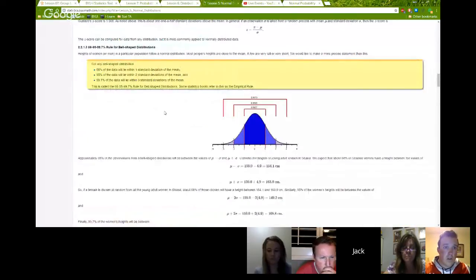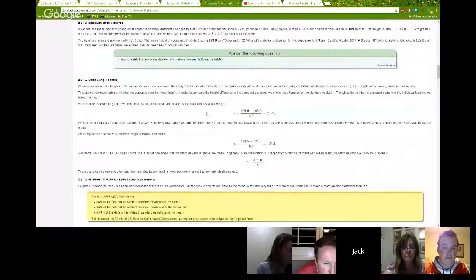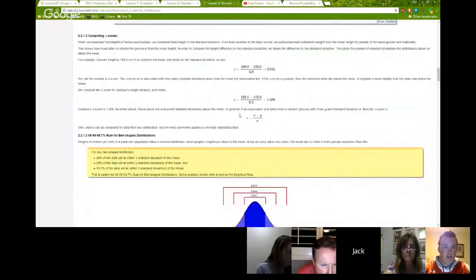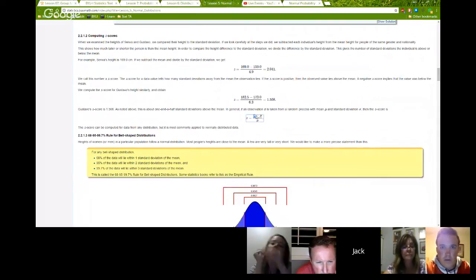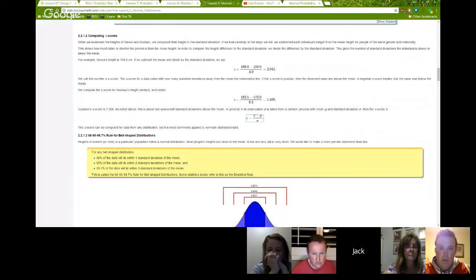Yes. So the formula that we first learned about z-score is this one, right? Z equals x minus mu over sigma. So in English, z-score is equal to whatever number x we get minus the mean divided by the standard deviation, right?